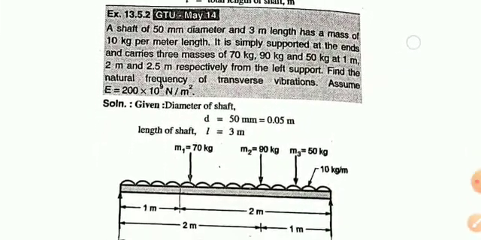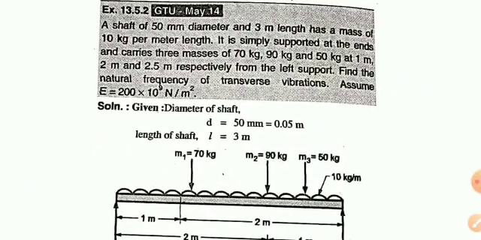Now let us discuss one example. A shaft of 50 mm diameter and 3 meter length has a mass of 10 kg per meter length, and it is simply supported at the ends, carrying three masses m1, m2, m3 at distances 1 meter, 2 meter and 2.5 meter from the left support.